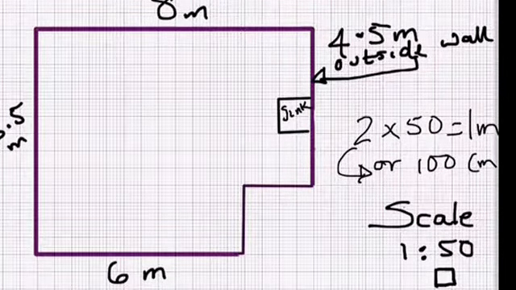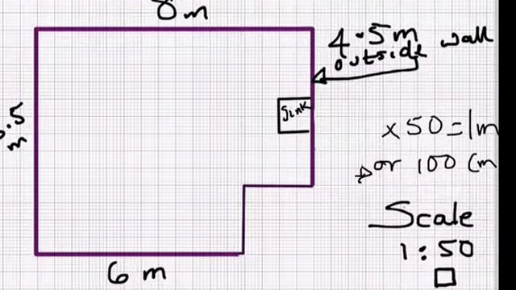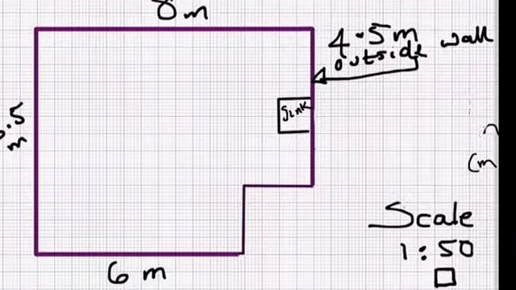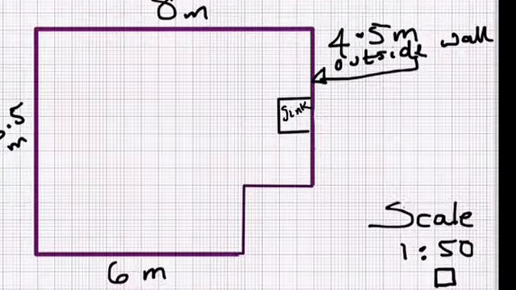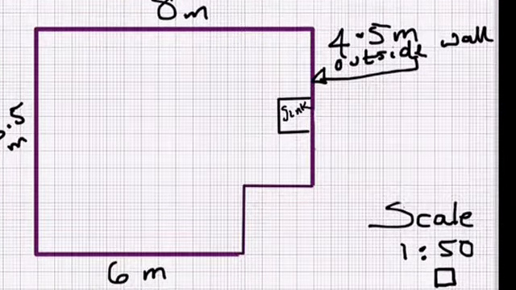When you've done that, you will actually identify on the plan where everything is. So for instance, where you've decided to put the sink, and the scale, you need to write that at the bottom right of your page. The sink, you just draw that in.